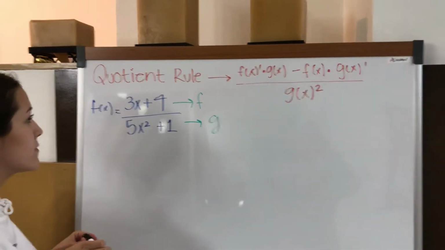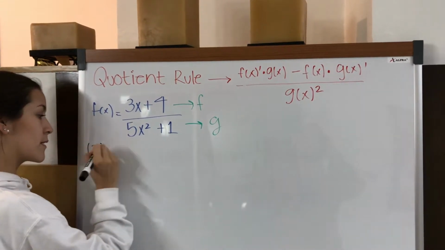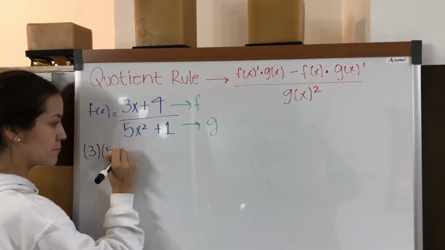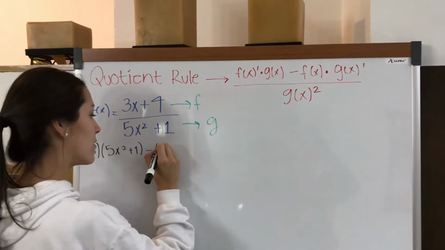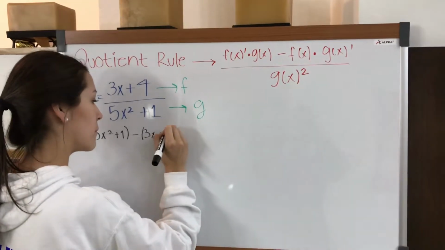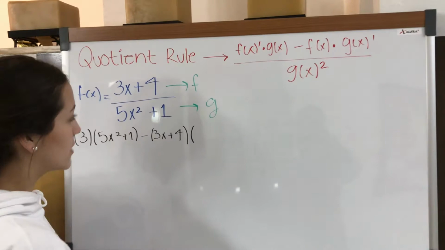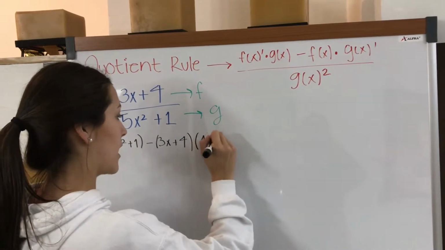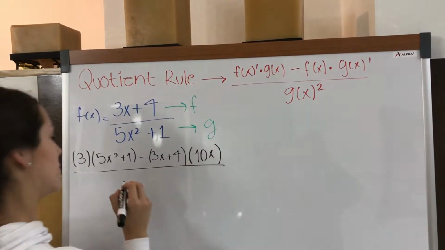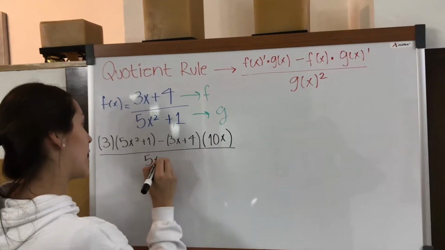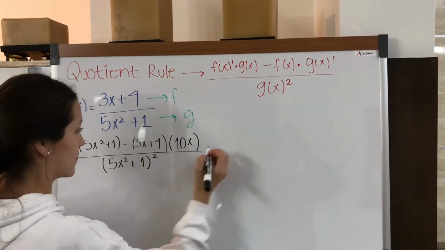So, derivative of f is 3 times g minus f times the derivative of g, that is 10x, divided by (5x squared plus 1) squared.